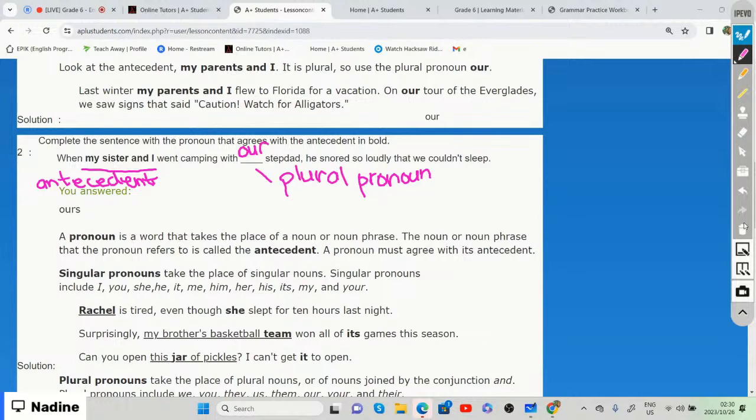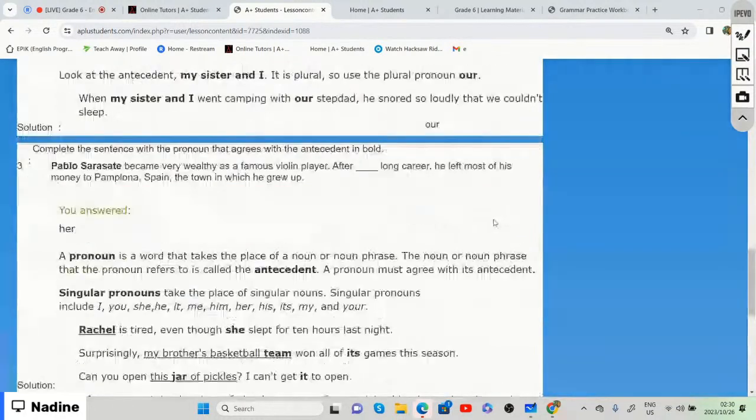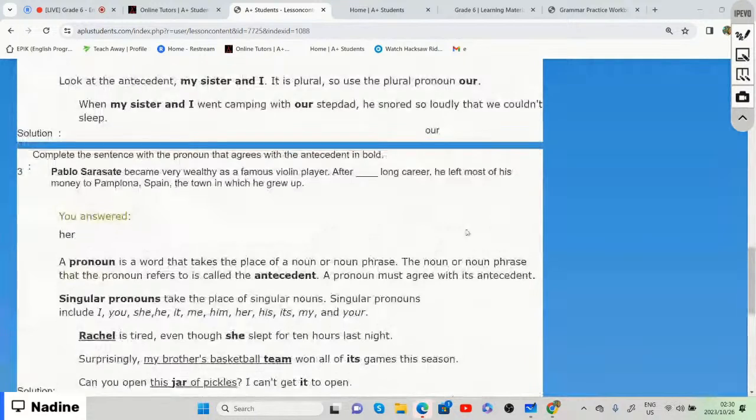All right. We need to complete the sentence with the pronoun that agrees with the antecedent in bold. Pablo Sarasate became very wealthy as a famous violin player.